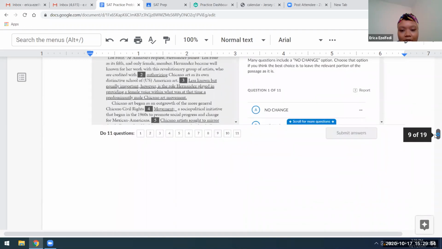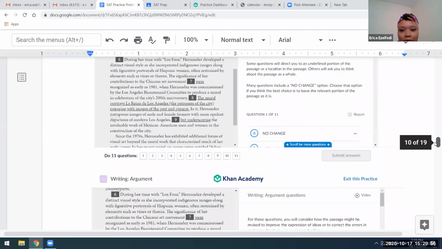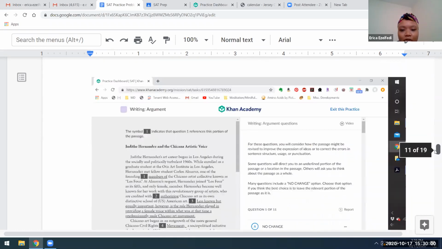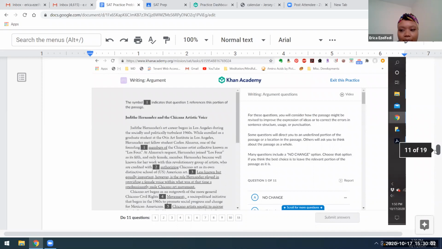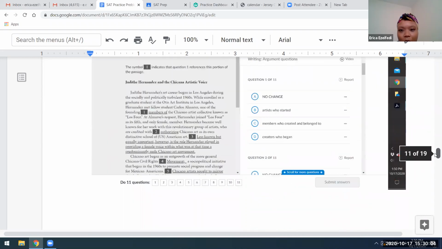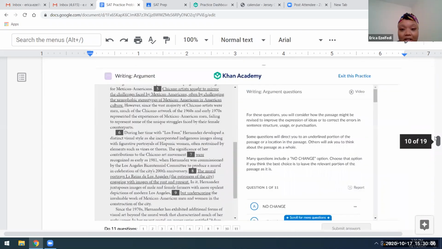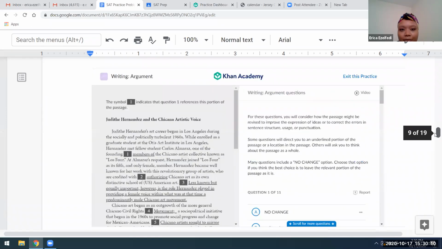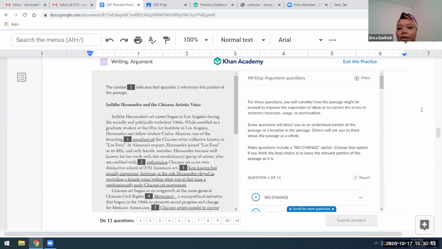This is the passage, 1, 2, 3. And the questions come right after. So you can do, that's question 1. You can do it like that if you like. Oops, sorry. But as we are not in person, there are some virtual hangups and stuff like that.